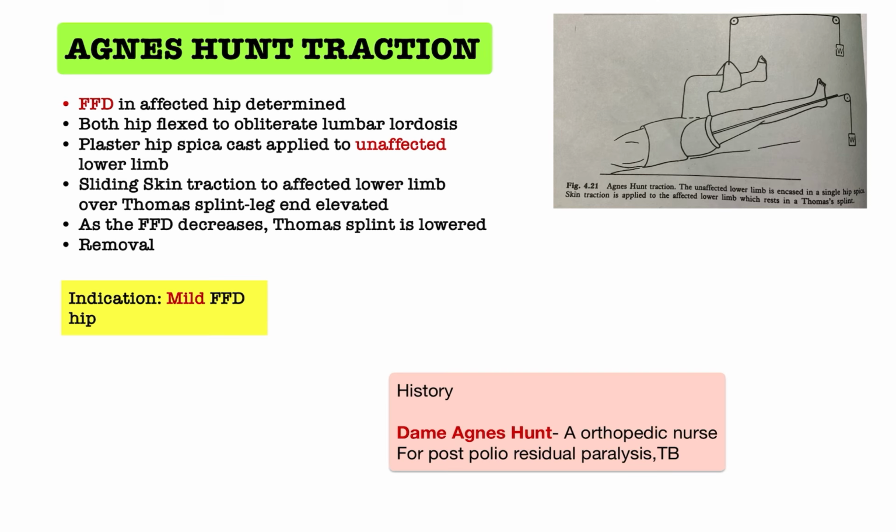As the fixed flexion deformity decreases, the Thomas splint is lowered. After the correction of the deformity, the Thomas splint and the Agnes Hunt traction are removed.